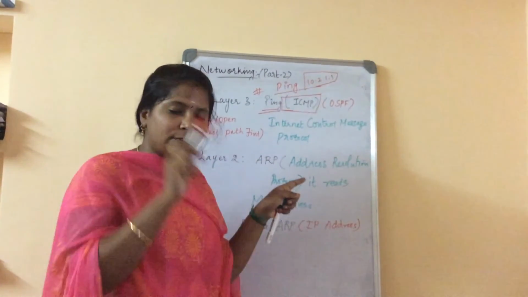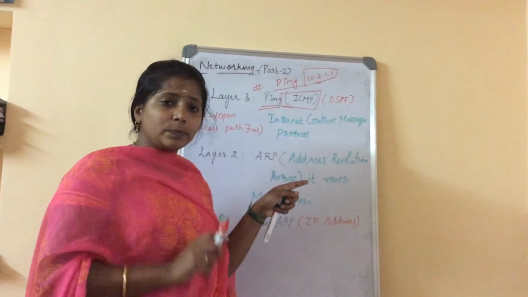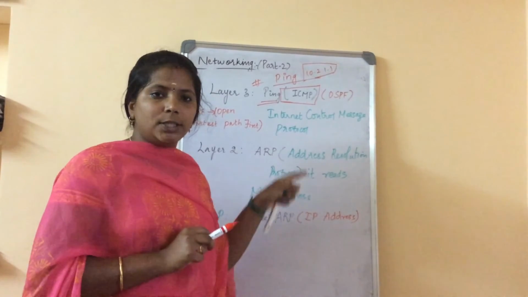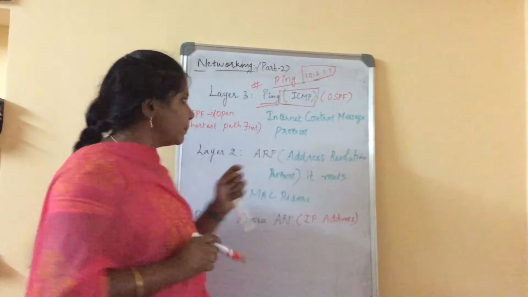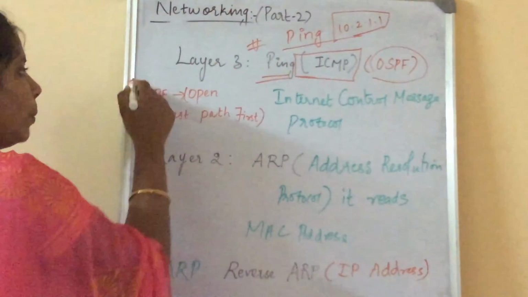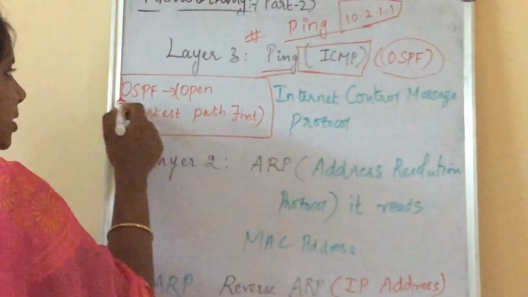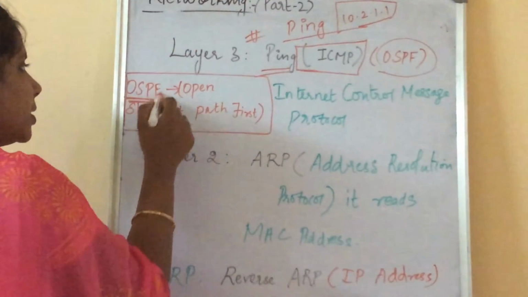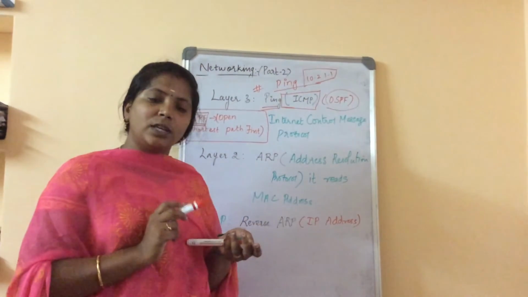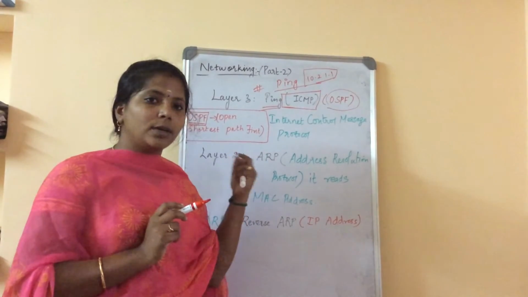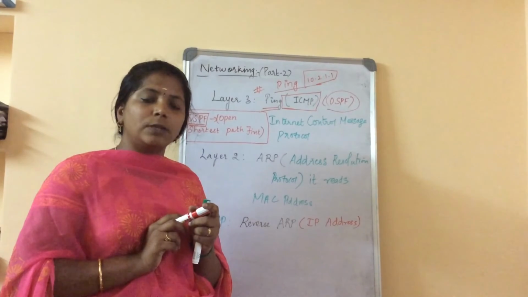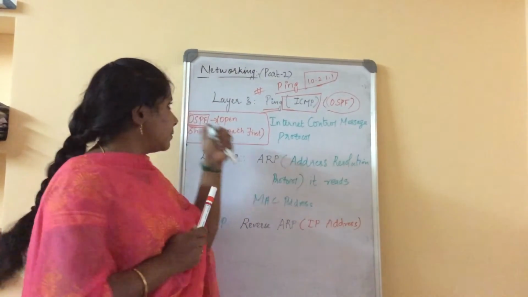Here there will be a definite question like what request is used in the ICMP protocol. Then ping request. Okay. And one more protocol is Open Shortest Path First, that is OSPF. This is a very large topic; this is a brief on this particular protocol. OSPF protocol works on layer 3.